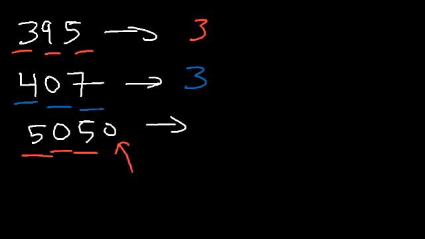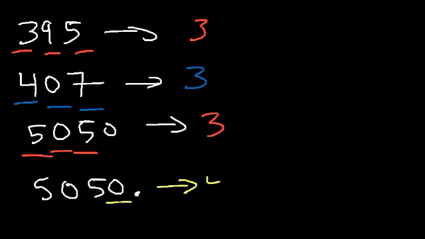But what about the 0 to the right? The zeros to the right of a non-zero number are known as trailing zeros. Trailing zeros are sometimes significant if there's a decimal point. Since we don't have a decimal point, that particular 0 is not significant, so we only have 3 sig figs. Now if we had 5050 with a decimal point, then this 0 is counted, so we have 4 sig figs.